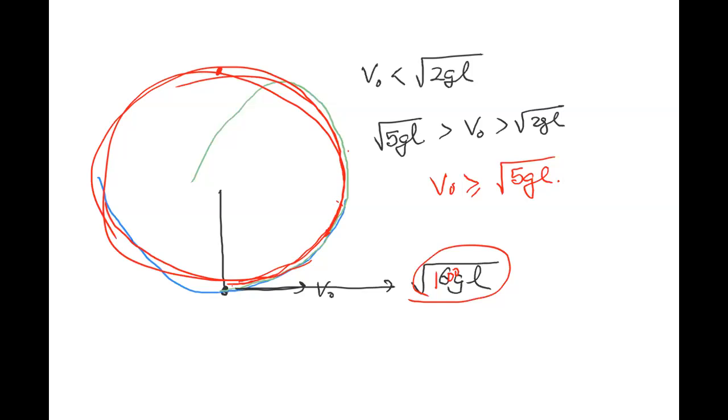So as long as that is not given, as long as that is not in play, I can give it any velocity. 160 million GL ka root, it will still go in a circle, and therefore the maximum height to which it will rise will be 2L. Cannot go beyond that.